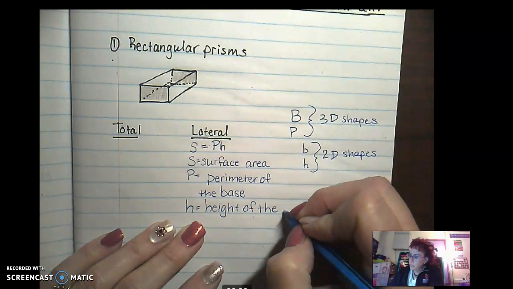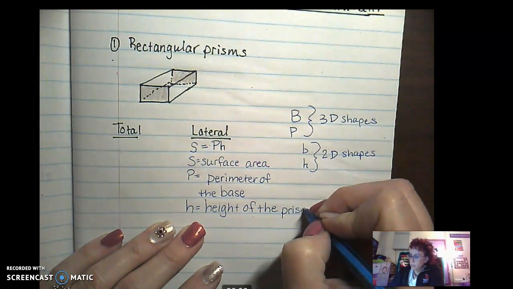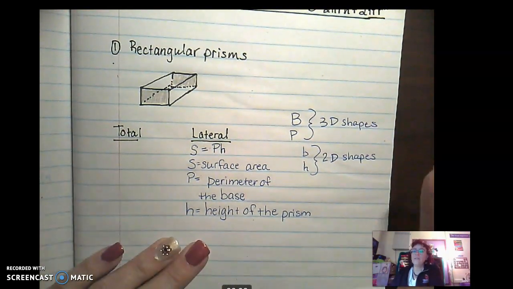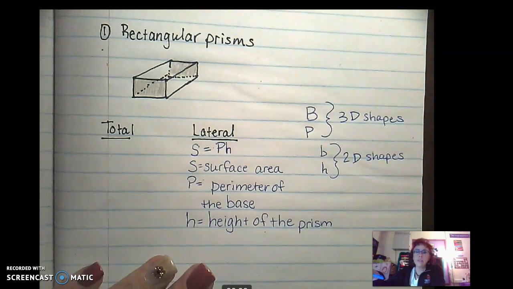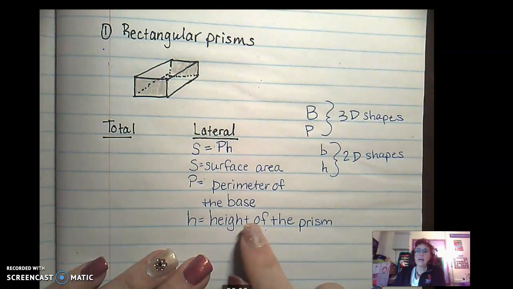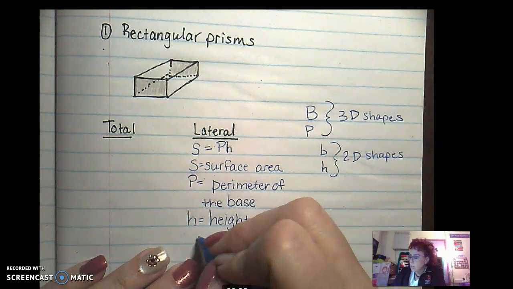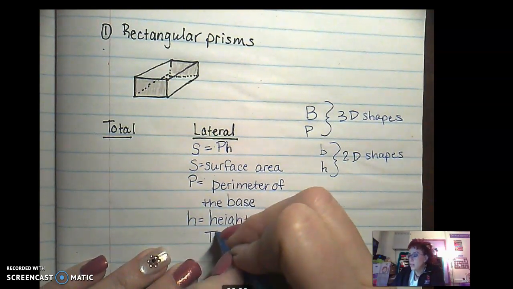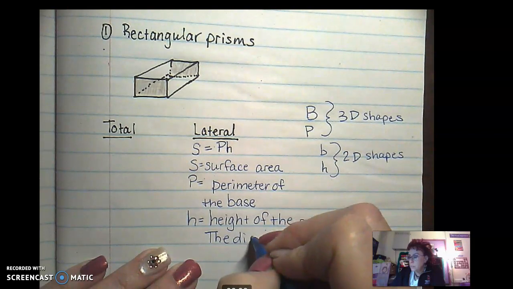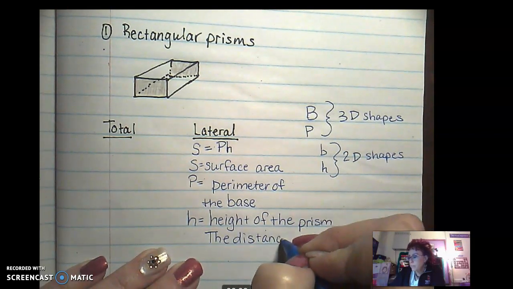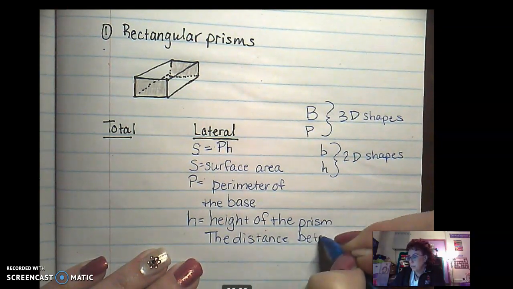And the best way to describe it, instead of just saying the height of the prism, really what it's talking about is the distance between the bases.